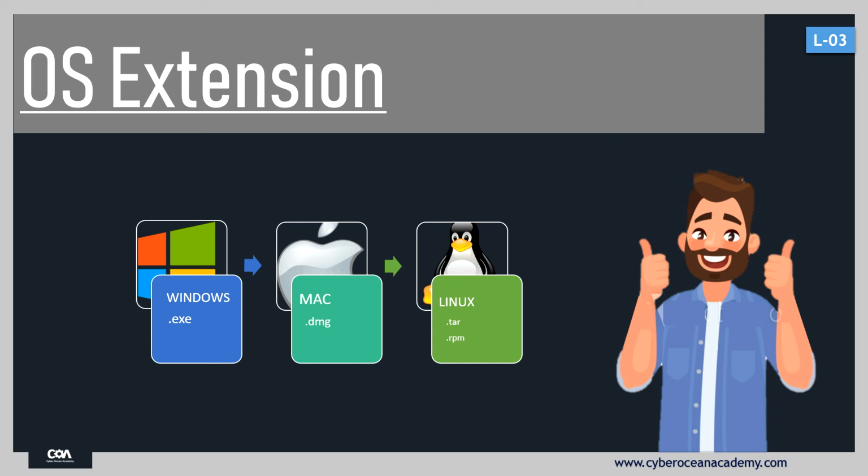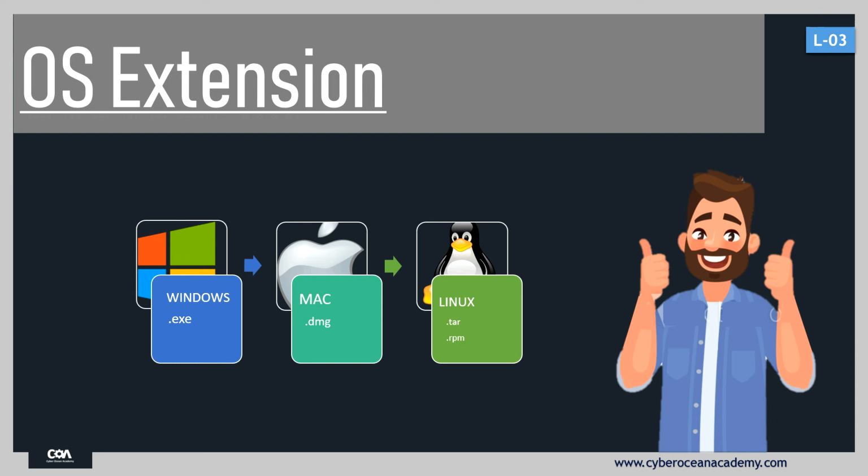So if you install software on a Windows operating system, it is only allowed by Windows if the OS extension of that software is .exe. In the same way for Mac and for Linux operating systems.